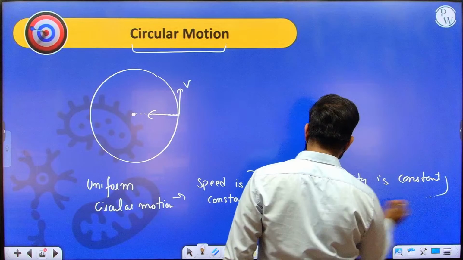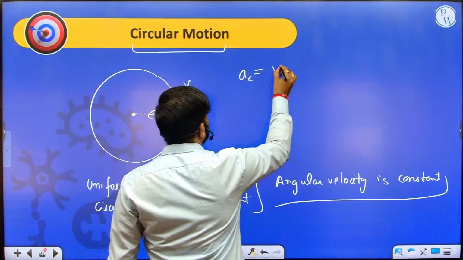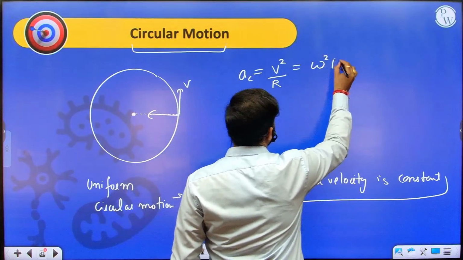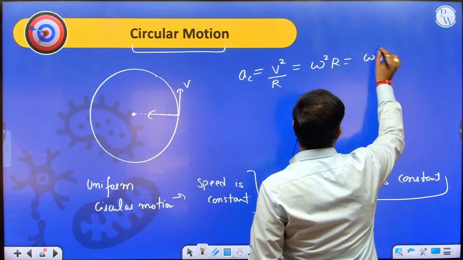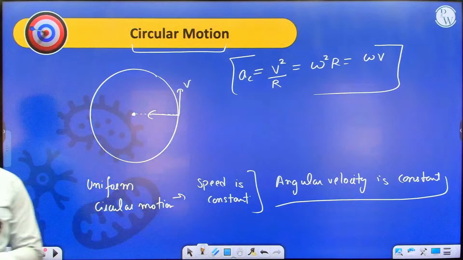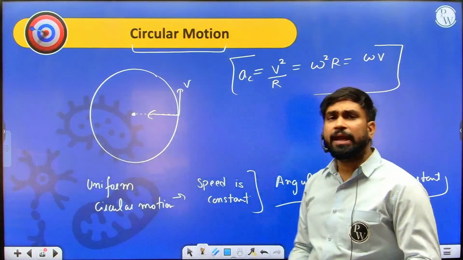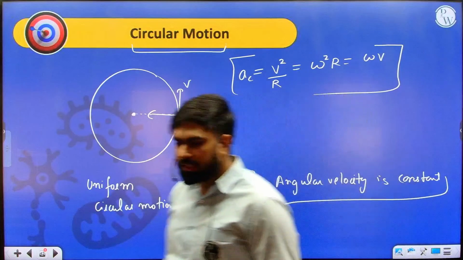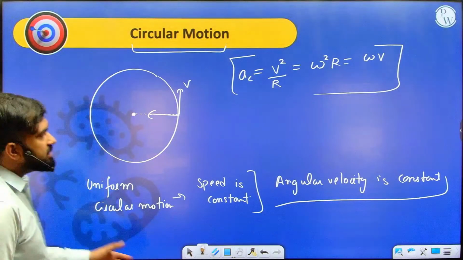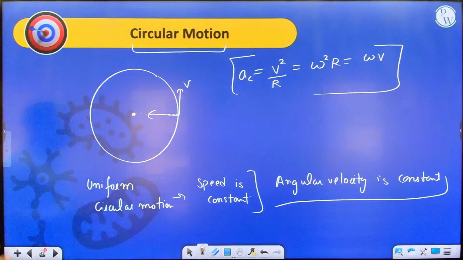And if that is the case, then how do we write the acceleration? The centripetal acceleration will be written as v square by r, or omega square r, or omega into v. This is how you write the centripetal acceleration. If it's a non-uniform motion, then there will be another acceleration, which is tangential acceleration and angular acceleration. Those things you are going to discuss in the chapter of rotational dynamics, rotational motion.